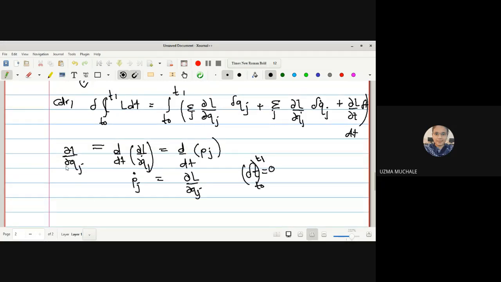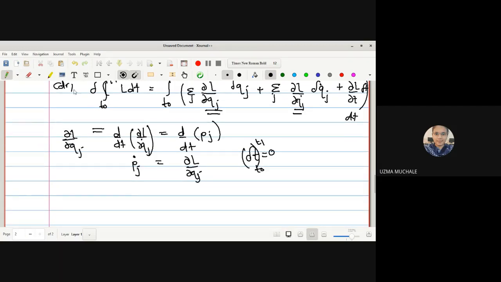Capital delta variation, here time is varied, but small delta variation will not allow time to vary. So for that we can now write dou L by dou Qj as Pj dot, and dou L by dou Qj dot is nothing but Pj. These two terms we have to substitute here. So now what is our above equation? This equation we have to write once again.